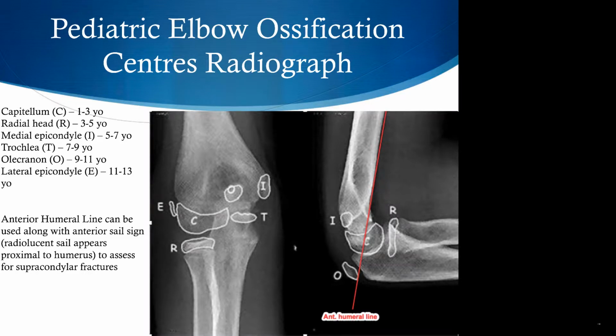And then the other consideration is just with respect to some baseline anatomy, more specifically along the lines of the pediatric elbow and assessing the x-rays. This is just a reminder of the various ossification centers around the elbow. First one that shows up is the lateral aspect of the trochlea, which involves the capitellum, and then you'll have the medial aspect of the trochlea, which is just the trochlea.